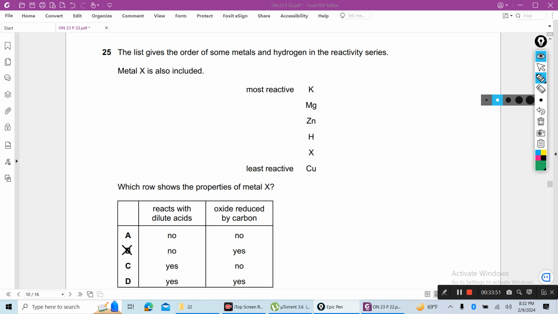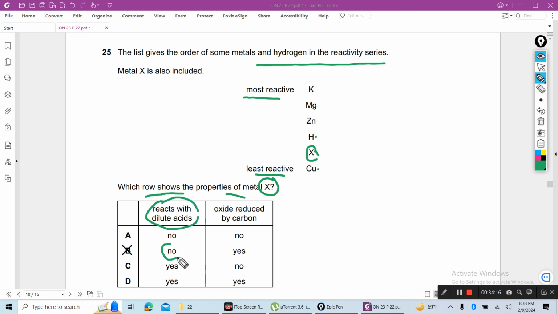The list shows the order of metal and hydrogen in the reactivity series: most reactive, least reactive. Which row shows the properties of metal X? X is less reactive than copper, so below hydrogen. So X does not react with dilute acid.